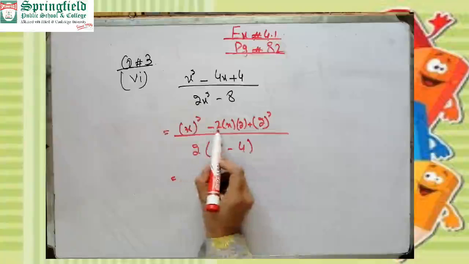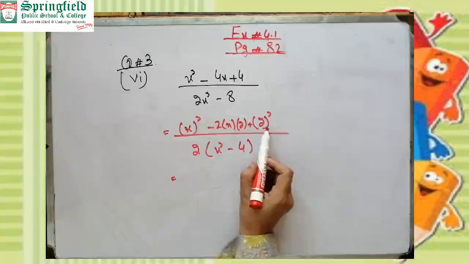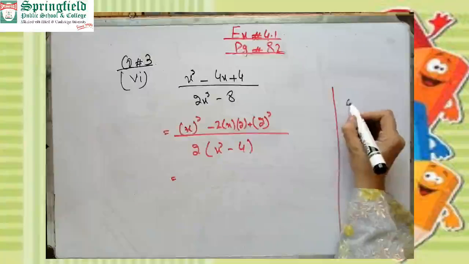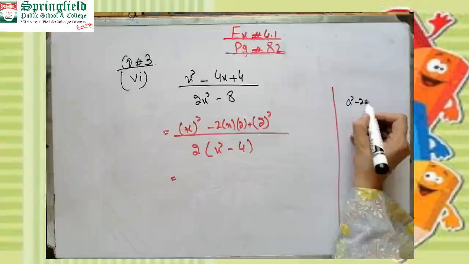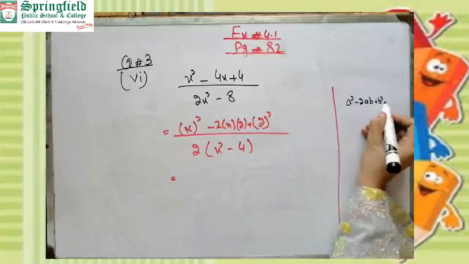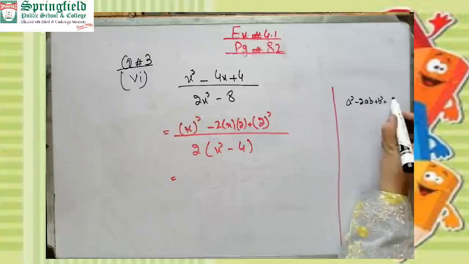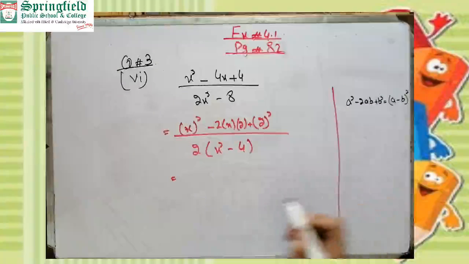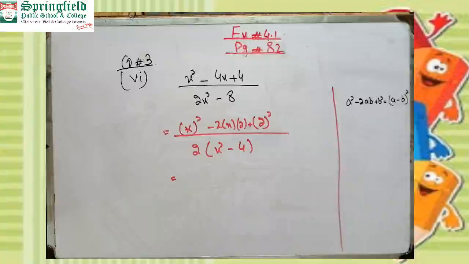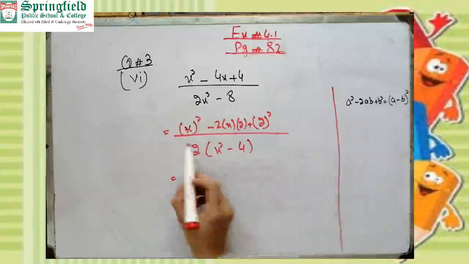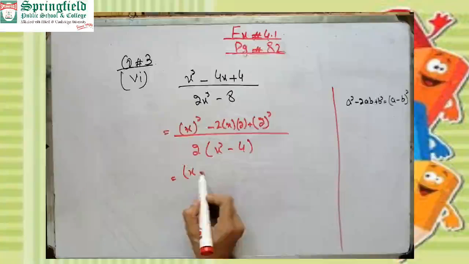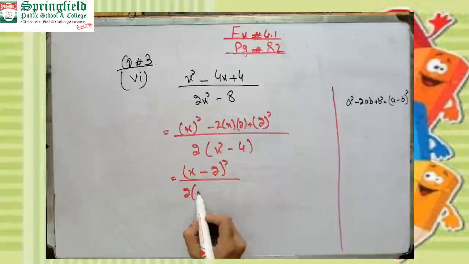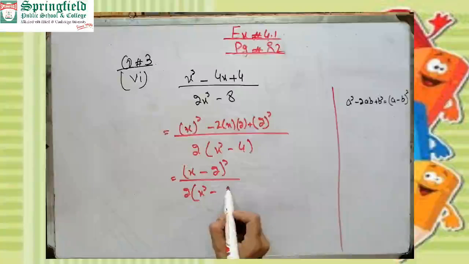Then a square minus 2ab plus b square is equal to what? A square minus 2ab plus b square, when we close this formula, this is the formula of a minus b whole square. Understood? So a is x and b is 2. x minus 2 whole square divided by 2, x square minus 4 is the square of 2.